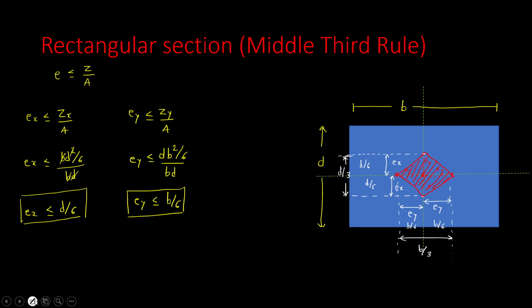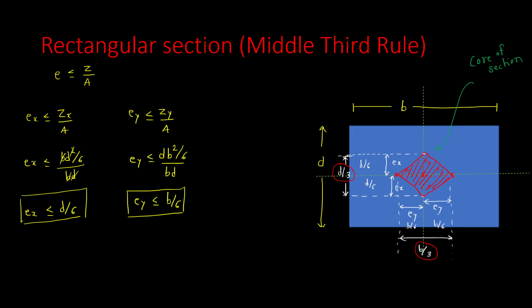So now if you see the middle third area of the total rectangle, the middle third area is the shaded portion, and this shaded portion is called the core of section, that means the core of rectangular section.